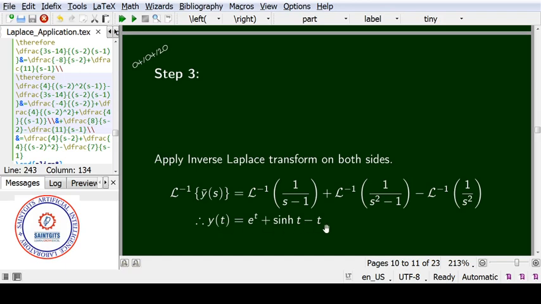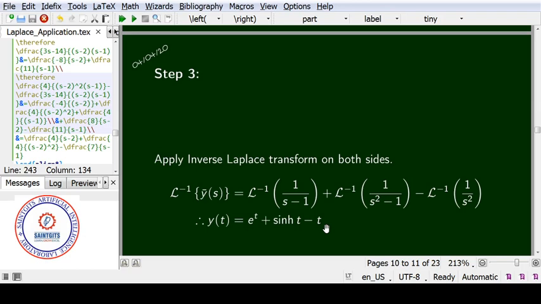The advantage of using the Laplace transform in solving an ODE is that we need not do many steps. In a single stretch we got the solution. There are three distinct steps. Step 1 is apply the Laplace transform on both sides, then substitute initial conditions. In step 2 we solve for y bar of s, that means we make y bar of s the only term on the left hand side.